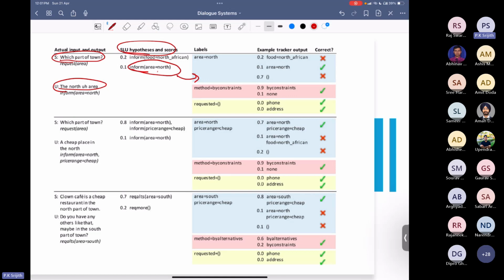The dialog state tracker then updates the slot information with area being north, and other information perhaps may not be available from the user message.